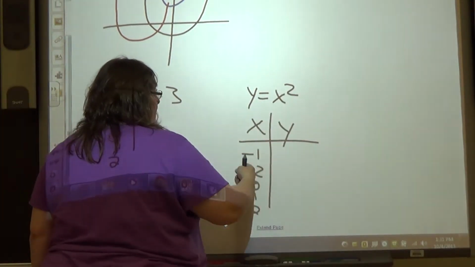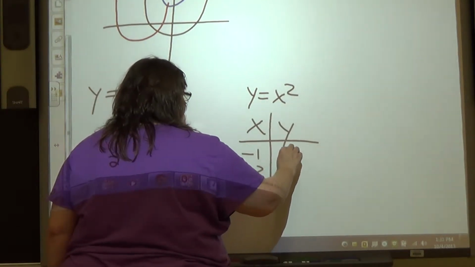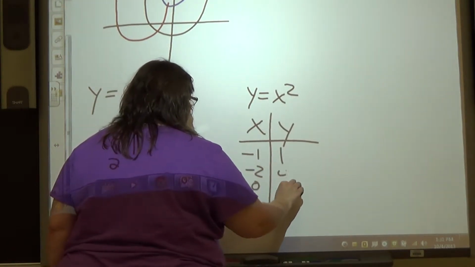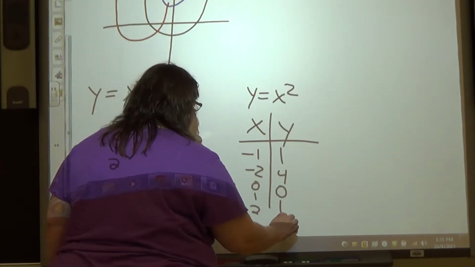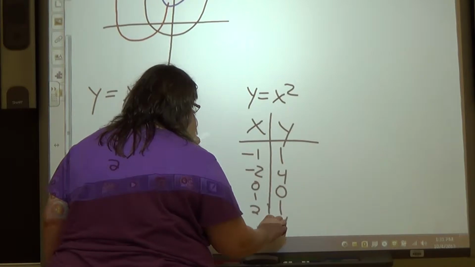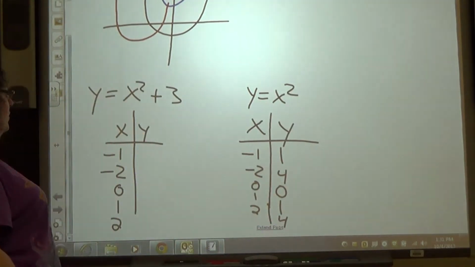So, looking at this, -1 squared is 1, -2 squared is 4, 0 squared is 0, 1 squared is 1, 2 squared is 4, okay? So there's that. These are all coordinates.